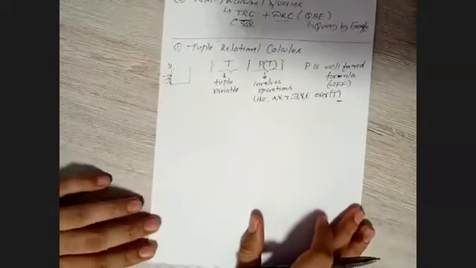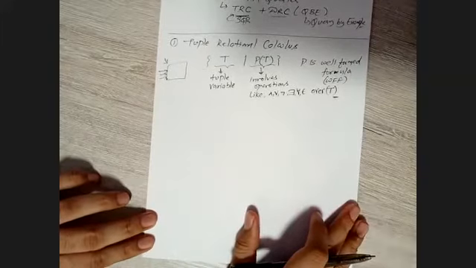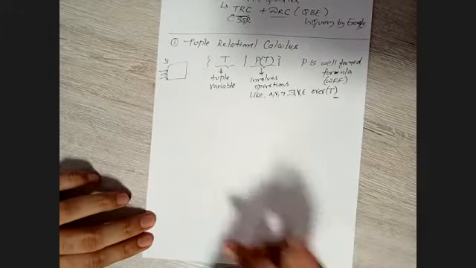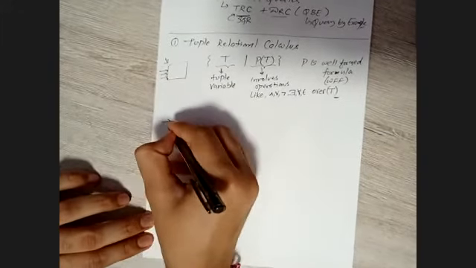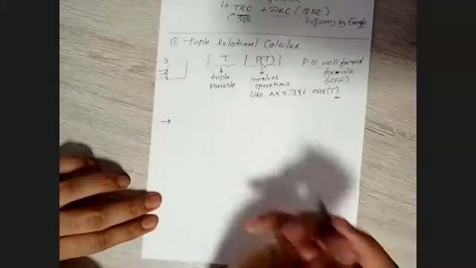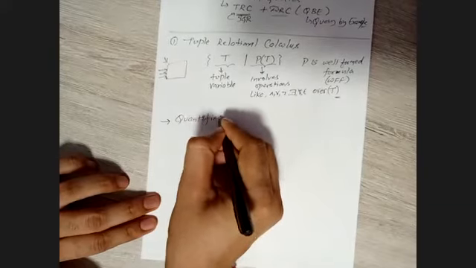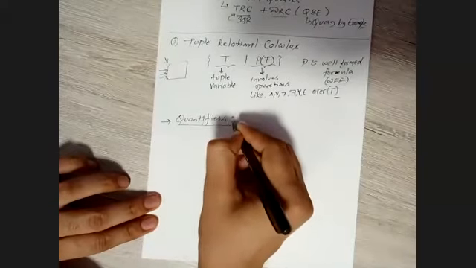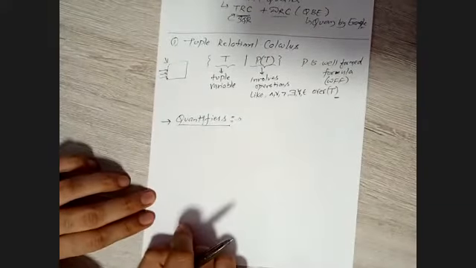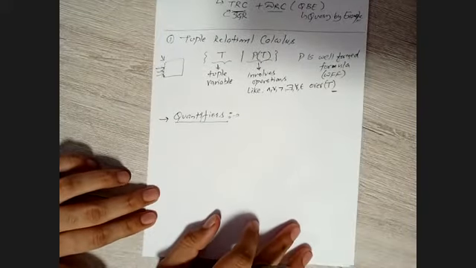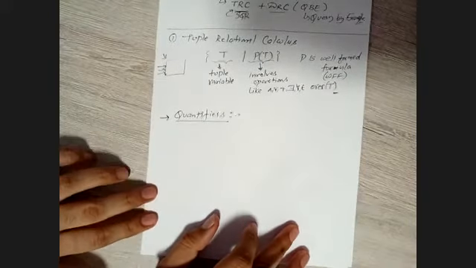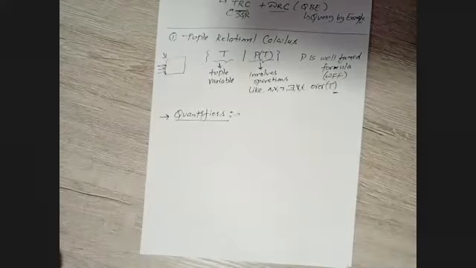Okay. So before moving ahead in the topic, let's understand quantifiers, because quantifiers play a very important role when you write a TRC query, right? We now go a little inside the discrete mathematics part.